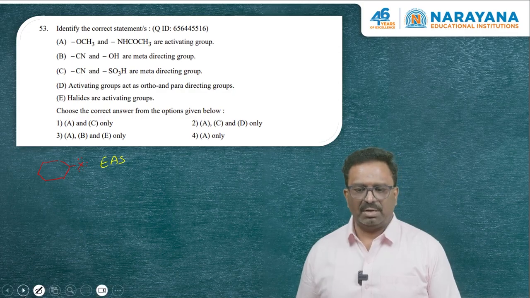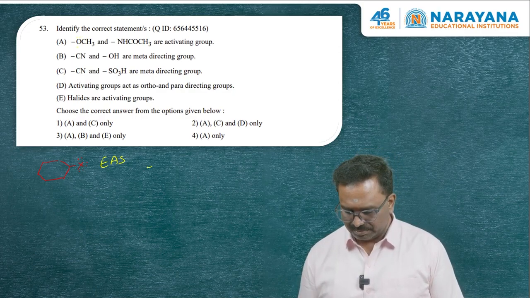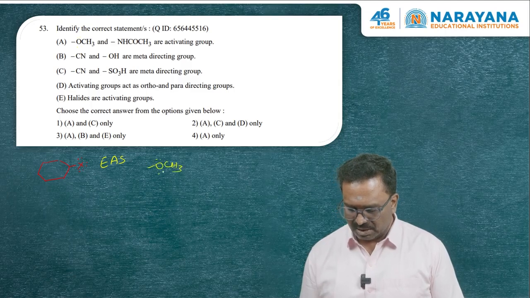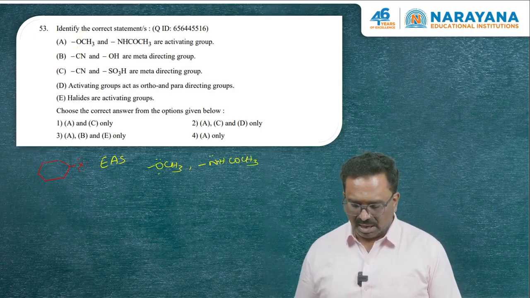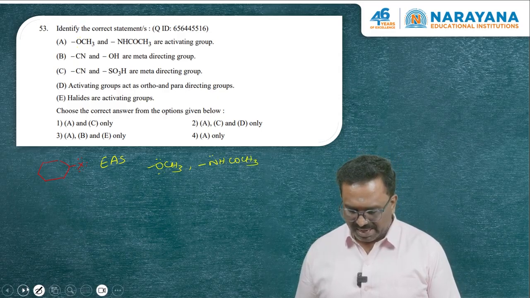Now the first statement: OCH3, because it has a lone pair of electrons over the oxygen, and the same in NHCOCH3, nitrogen has a lone pair. Now this acts as an activating group. So statement A is correct.